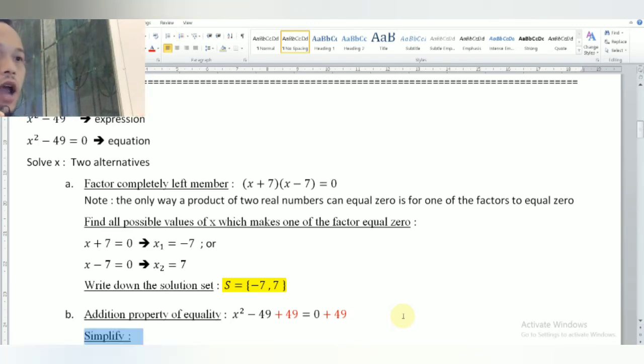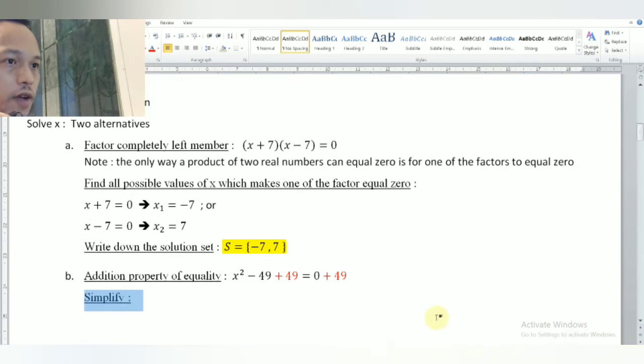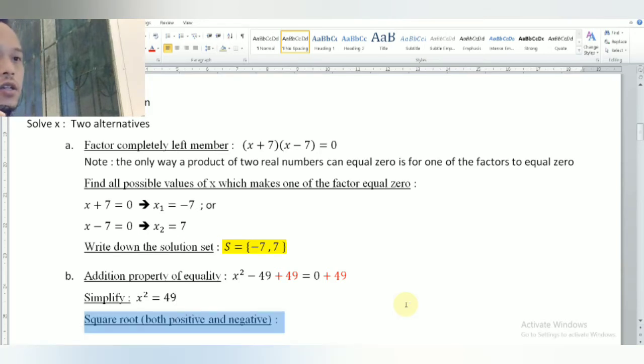Now after I do this, let me just simplify. Okay, it's obviously 0 and this one obviously 49, right? So this is the next statement, x squared equals 49. This is the equation. And then how to find the value of x? I take the square root. But you have to remember about square rooting things.